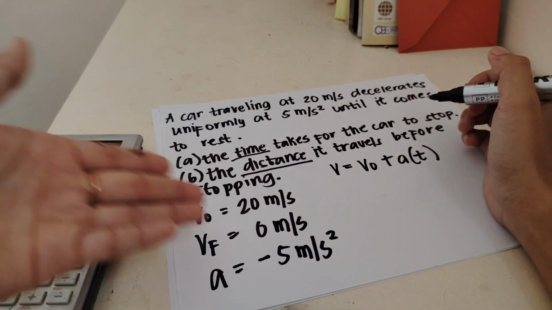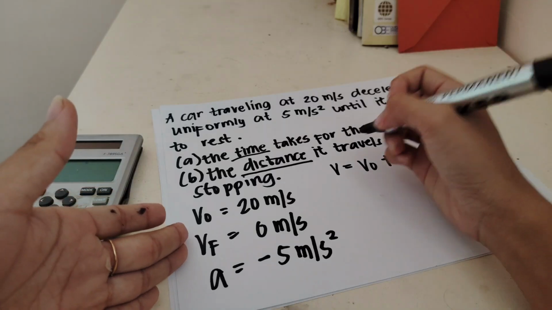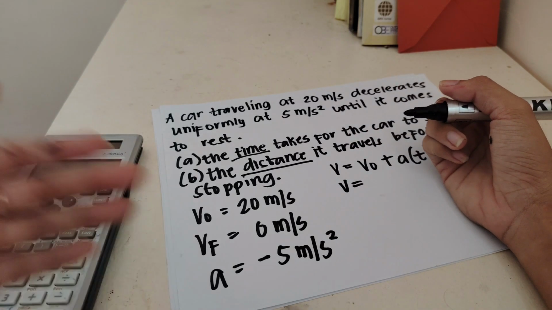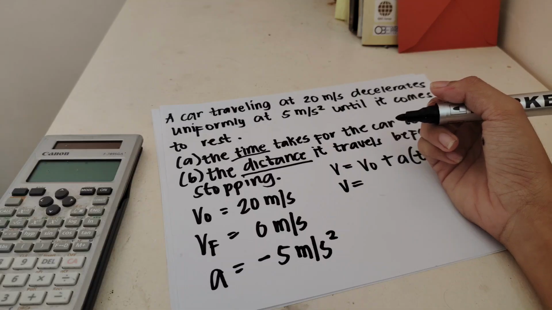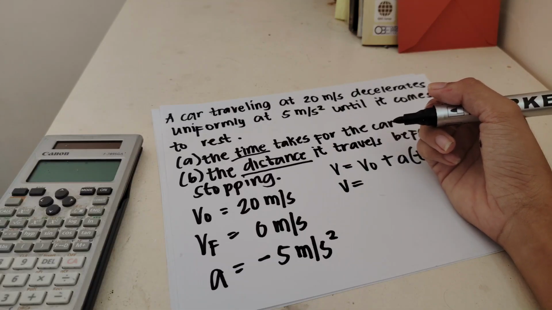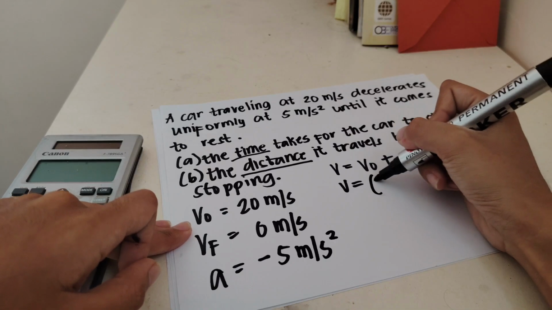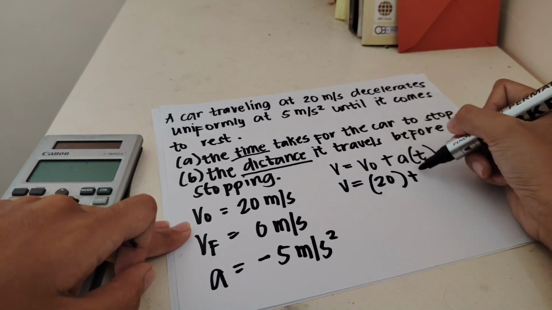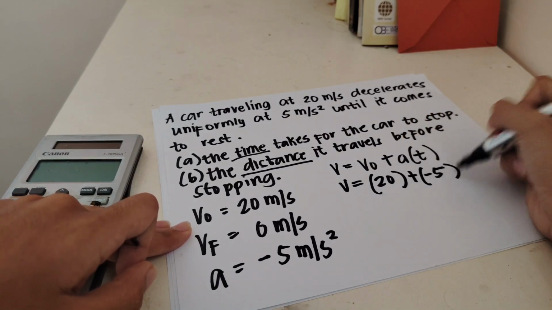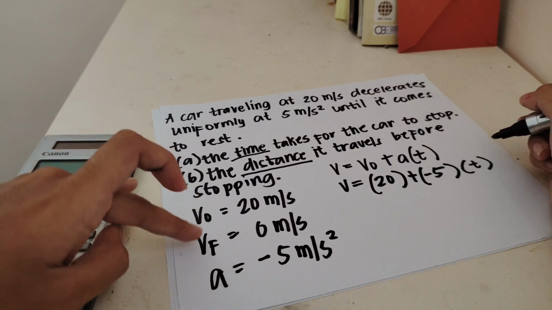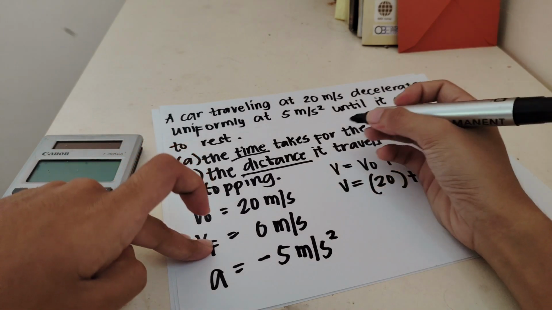So we will just substitute all the given, and then final velocity is equal to initial velocity, which is 20, plus the acceleration of negative 5 and then the time. So the final velocity is 0.